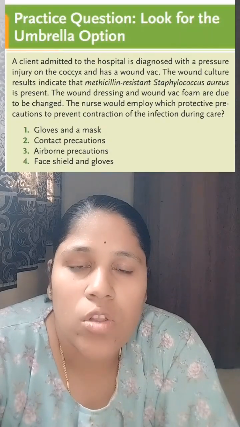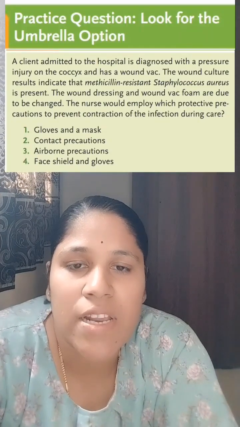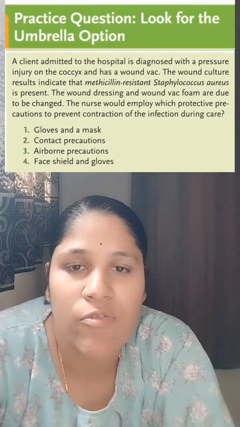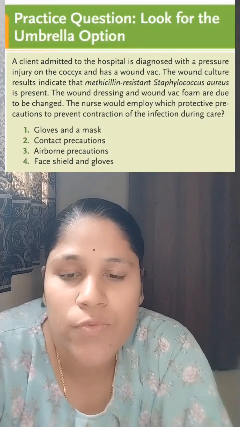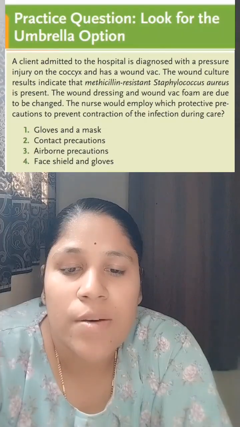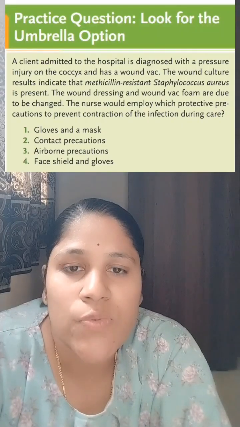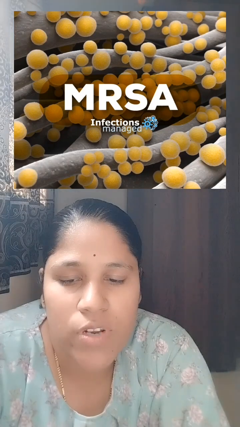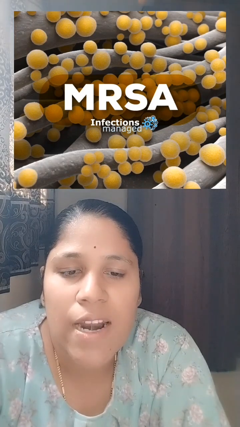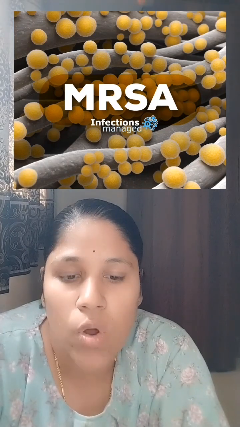So all these options are mainly given in the way of protective equipment, but we need to select a particular option which covers the particular disease condition given in the question, that is methicillin resistant Staph aureus. We should focus on the client's diagnosis and use our knowledge about it and recall that this infection spreads through direct contact.